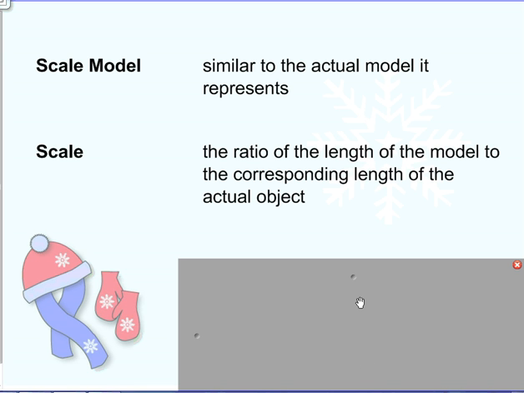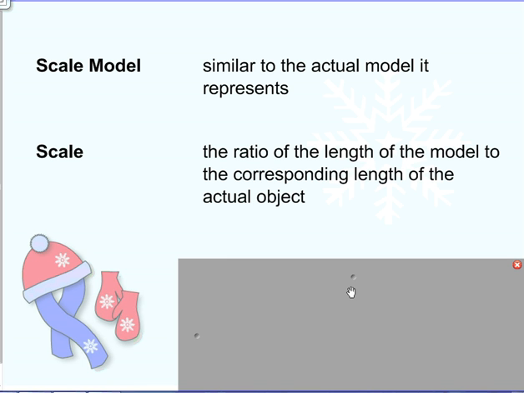So for example, we could think of a toy car or a model car. Those are models of actual cars that are out on the market, and so we can use those. Another example would be maybe a map.